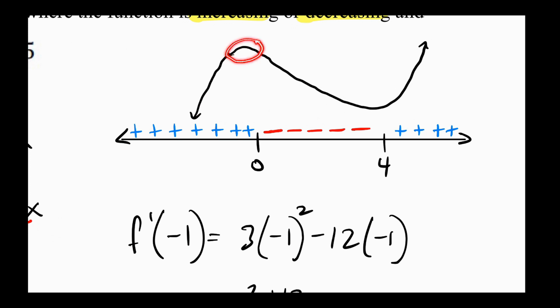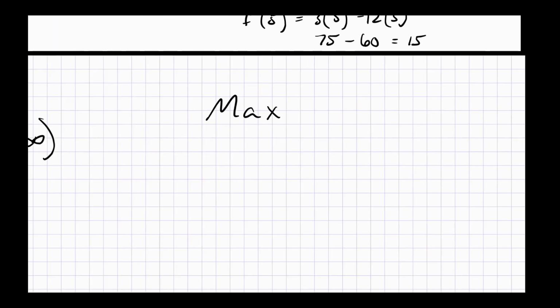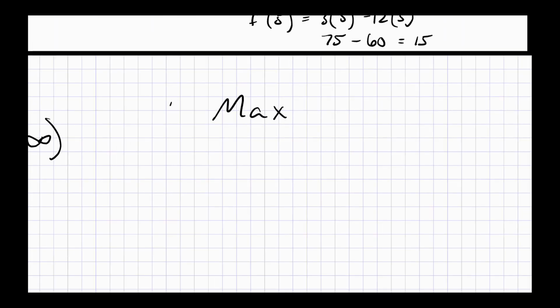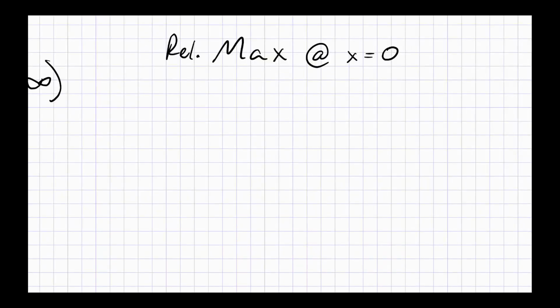And right here, I have a maximum. Right here, I have a minimum. So at 0, I'm going to have a maximum. So I say relative max at x equals 0. And then over here, I have a minimum. Relative minimum at x equals 4.